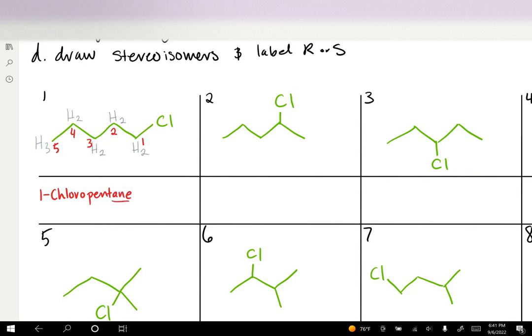Ane, because there's no double bonds, no rings, so we have no cyclo. 1-chloropentane. Here, do the same thing for numbering to make sure that it has the lowest locator number. We have then 2-chloropentane.